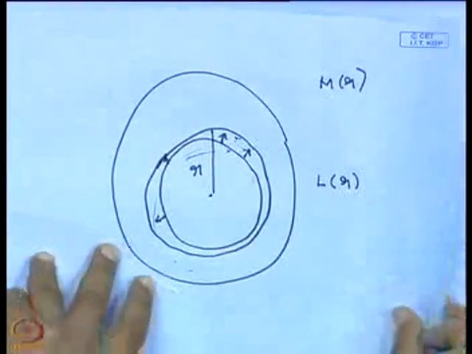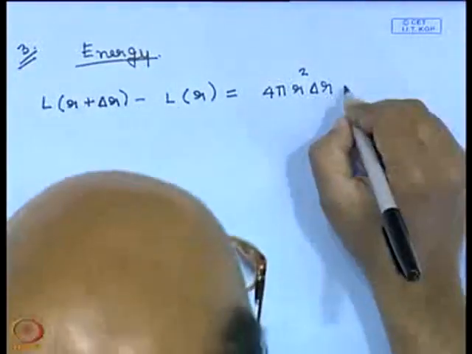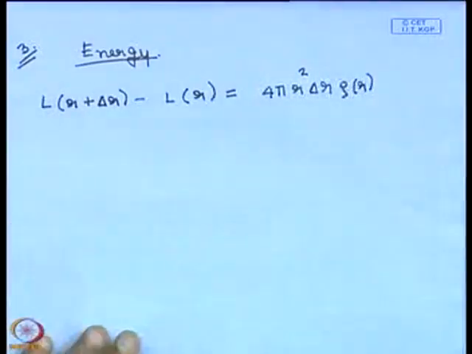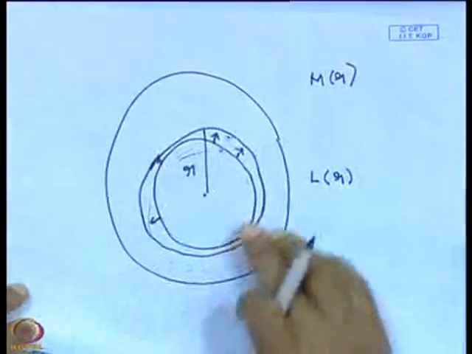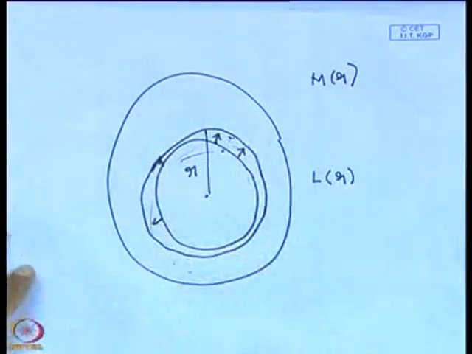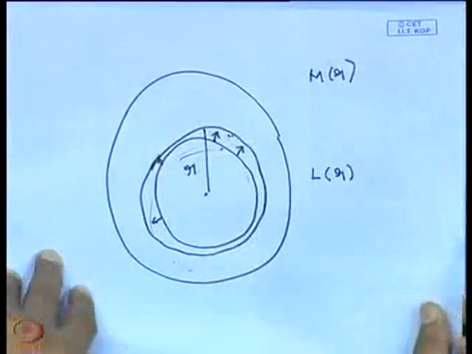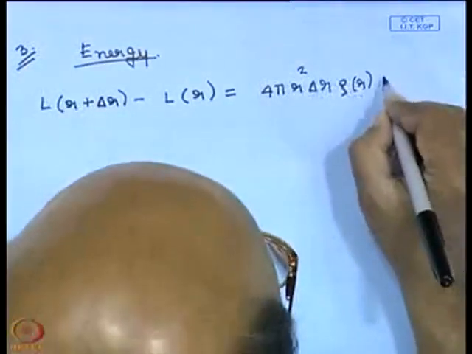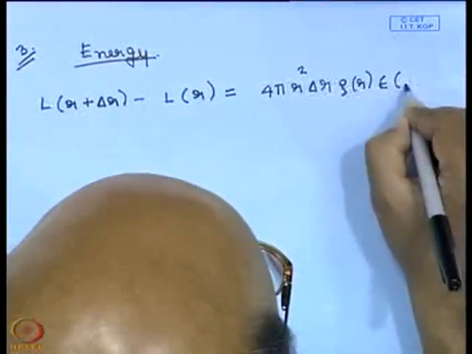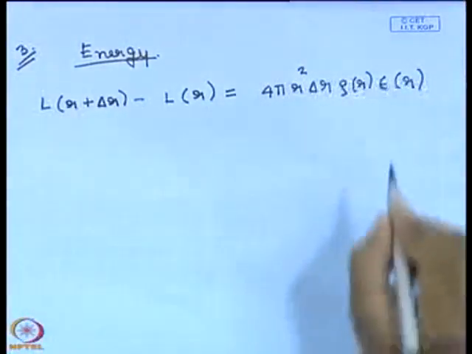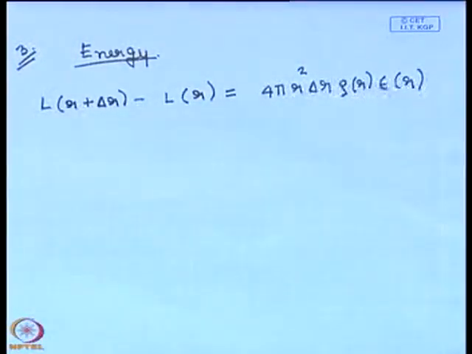So, into the density rho r, into the energy generation rate, okay, or the emissivity of this material. So, epsilon r. Okay. So, that is the amount of energy generated per unit mass of this material.